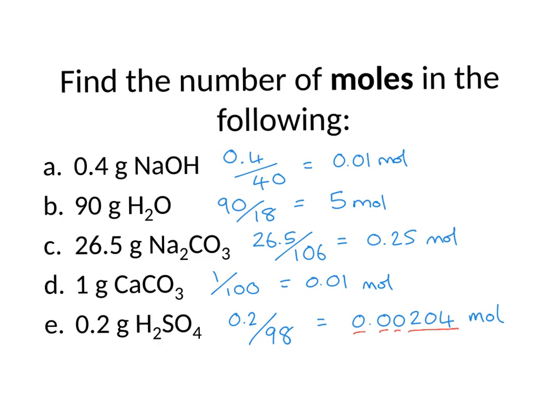You may have also been given this one in standard form, in which case I need to do it to the same number of decimal places or same number of significant figures, 2.04 times 10 to the minus 3. It's perfectly okay to do that, and all we've done there, look, is 1, 2, 3 is how many decimal places I would jump back from 2.04.